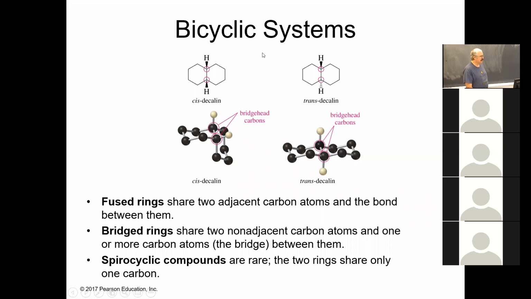So these are what we call fused rings. And bridged rings share two non-adjacent carbon atoms and one more carbon that is a bridge between them. Spirocyclic compounds are rare, and two rings share only one carbon. And I'll give examples of all of these.